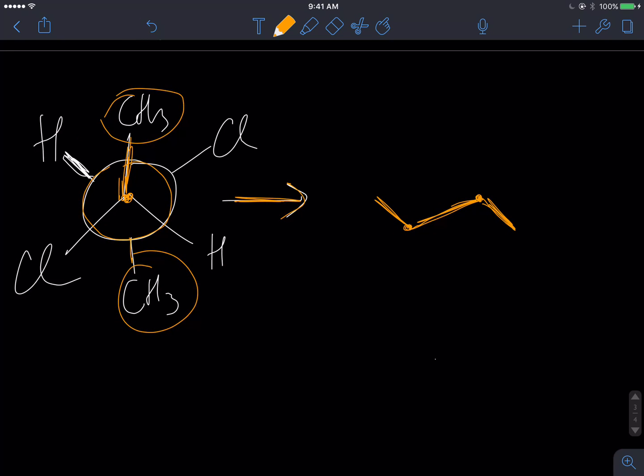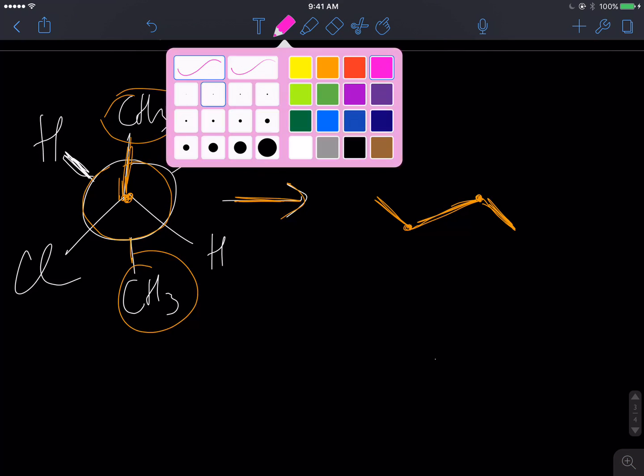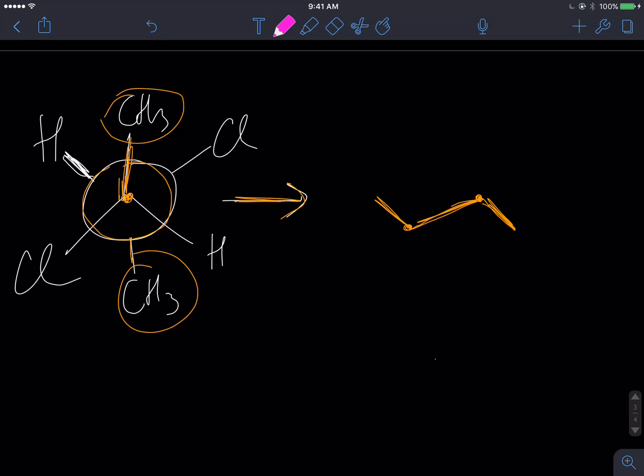And you notice chlorine, hydrogen. When you flip it, you flip like this. This is you. You look at this way, right? You go this way. So you look toward the screen right here. It's like you look at the screen right now, and then you turn your body to the right.